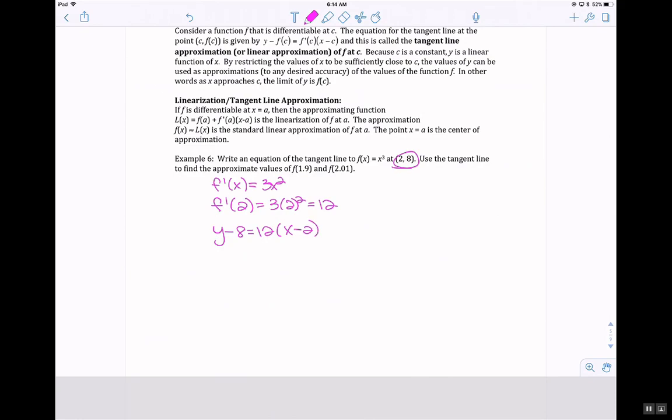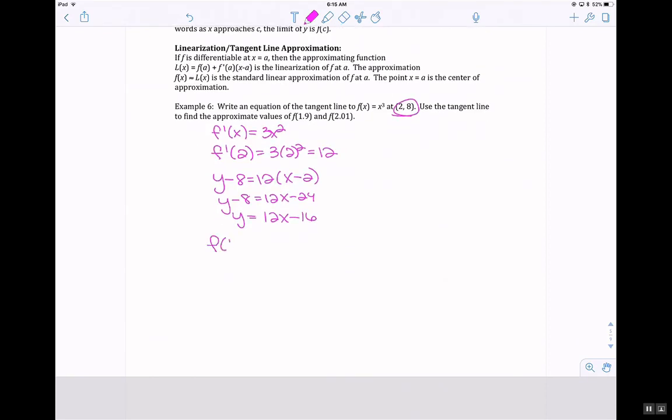And because I'm going to do linearization, I'm going to isolate y here. So y minus 8 is equal to 12x minus 24. So y is equal to 12x minus 16. That means f of 1.9 is approximately equal to 12 times 1.9 minus 16, which is equal to 6.8.